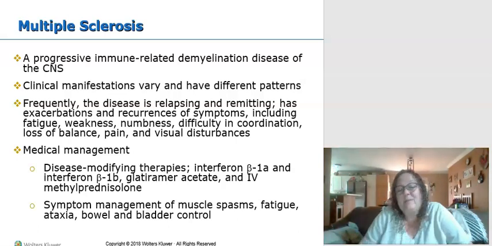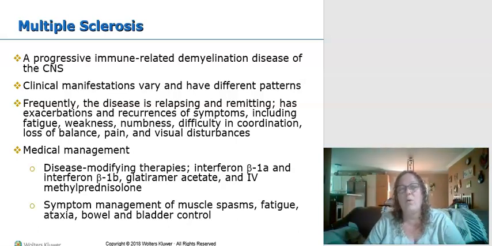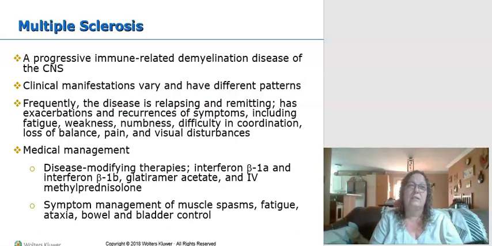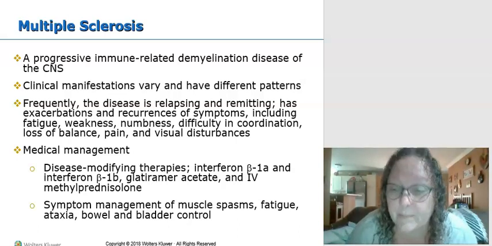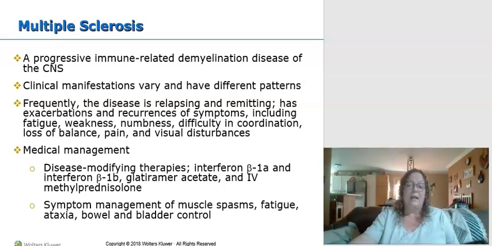Between attacks, symptoms may disappear completely, or they may just stop progressing and stay, or get slightly better and stay that way for a while and then recur. However, permanent neurologic problems often remain, especially as the disease advances.